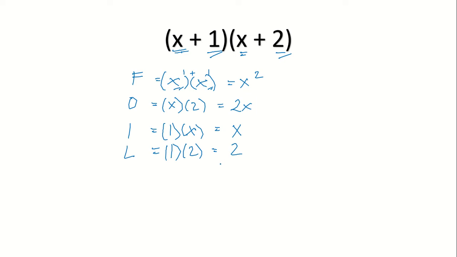Now, what is next? The next one is to add all of the following expressions or terms. So first terms, outer terms, inner terms, and last terms. So let's add them. x squared plus 2x plus x plus 2.